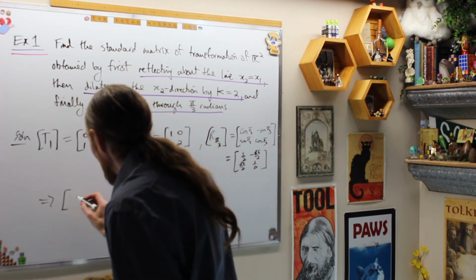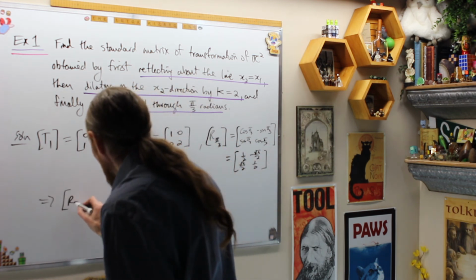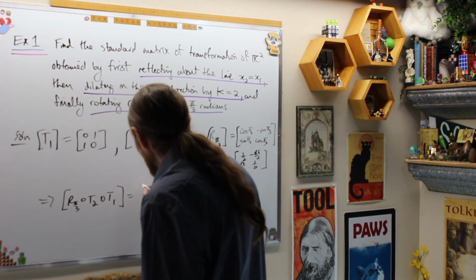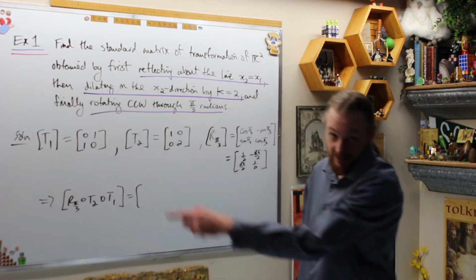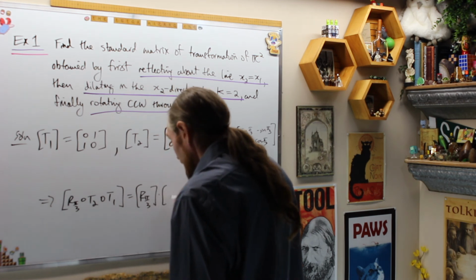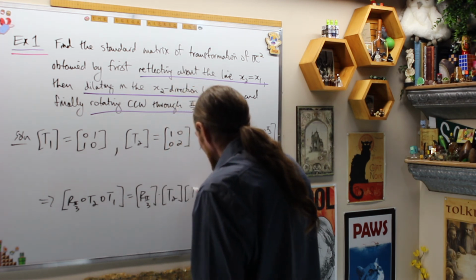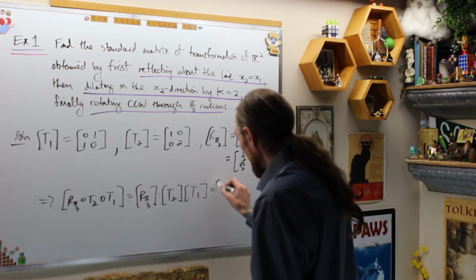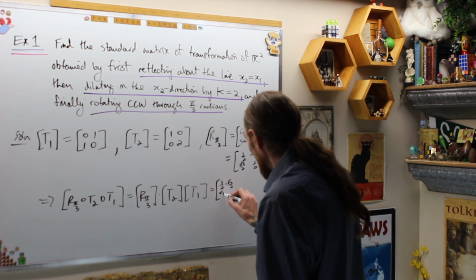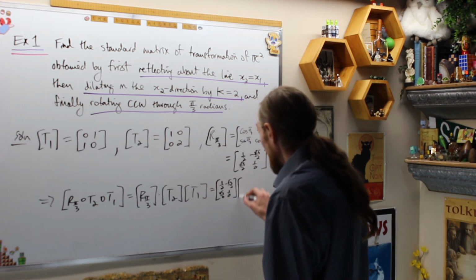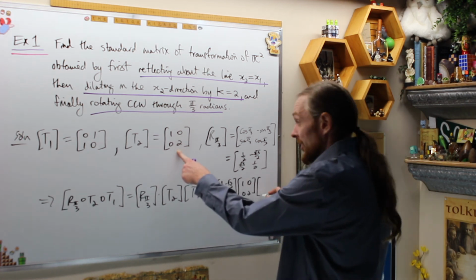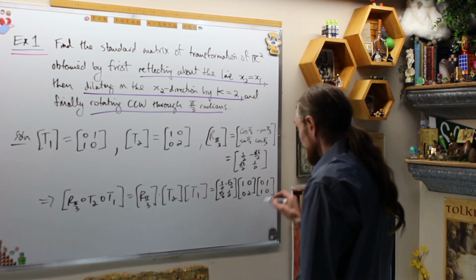So what does this say? This says that the standard matrix of R pi over 3 following T2 following T1 is equal to the standard matrix of R pi over 3 times the standard matrix of T2 times the standard matrix of T1, which is going to be equal to, let's squeeze it in there, 1/2, negative root 3 over 2, root 3 over 2, 1/2, times T2, which is 1, 0, 0, 2, a diagonal matrix, times 0, 1, 1, 0.